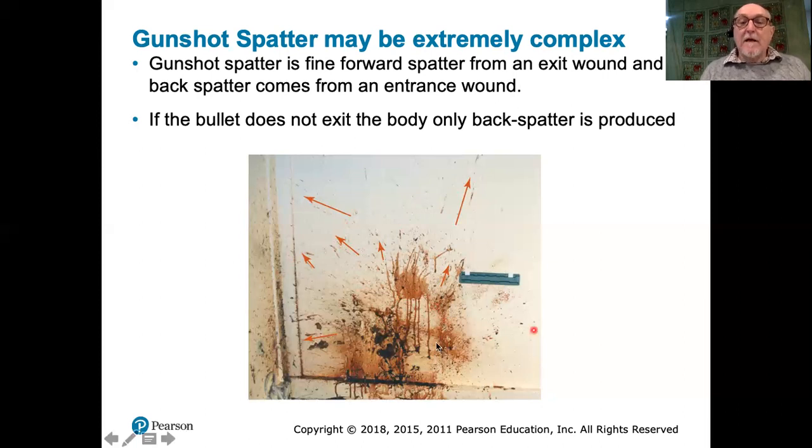This here, just my interpretation looking at this, and see if you agree with me. We've got different kinds. We have fine spatter here, more or less pointing to an area of convergence somewhere here. I would say somewhere down here.